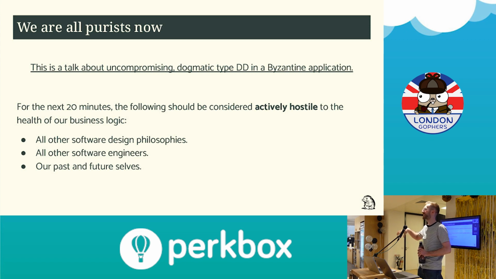So we're going to be working in a single example application, and we are going to assume that any code written by anyone who isn't us, we're going to control the business logic. We are going to assume that that code is hostile and is looking to smuggle bad data into our system, okay? Smuggling bad data into our system is what excites these developers, these end users, okay? So we must assume that all other software design philosophies are dangerous. They are out to get us.